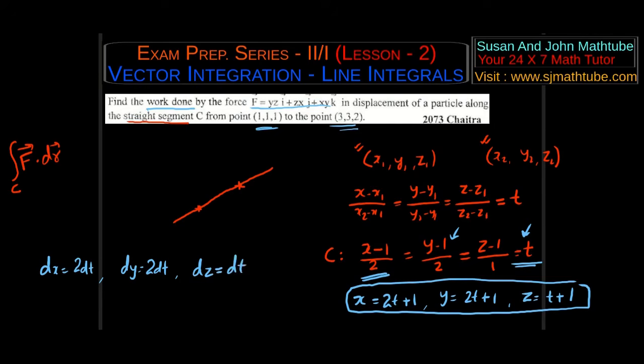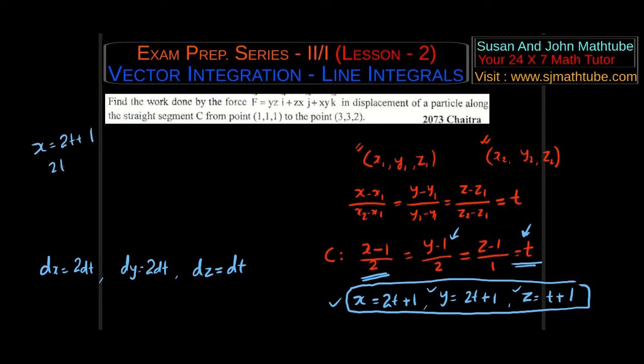Now we need one very important thing, which in the circle was very easy. In the circle, I use the limits 0 to 2 pi. Even if it is an ellipse or a hypocycloid or an asteroid, it's going to be 0 to 2 pi. And in this case, we have to find the value of t. So that's very easy. You can use x or y or z for the trick. For the time being, I am going to use x. So x is equal to 2t plus 1.